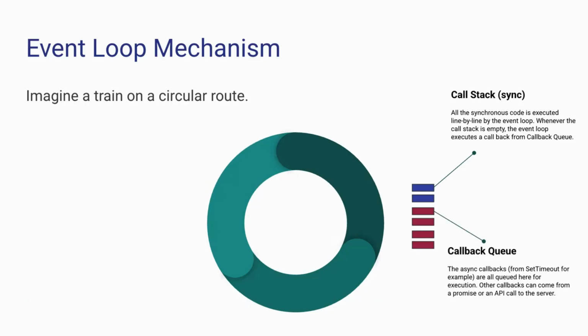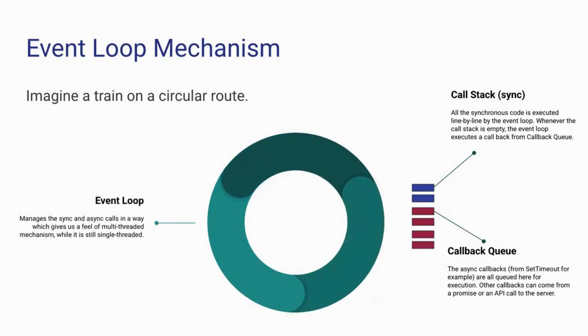The priority of the event loop is to take all the passengers in the call stack first, one after the other, and then once the call stack is empty, go for the callback queue. Because those passengers are unpredictable, to be very frank. The train, which is our event loop, doesn't know how much time each of them would take to get in. This is how the event loop manages synchronous and asynchronous callbacks.